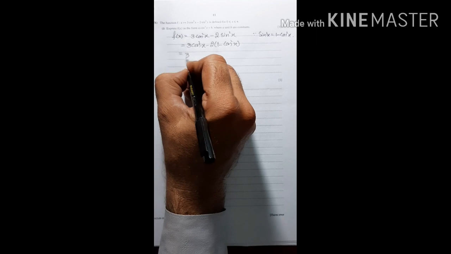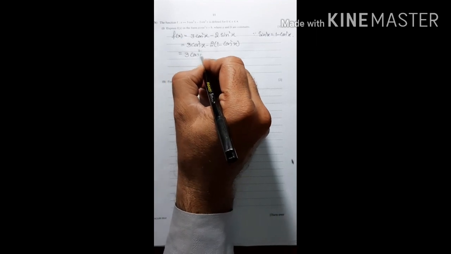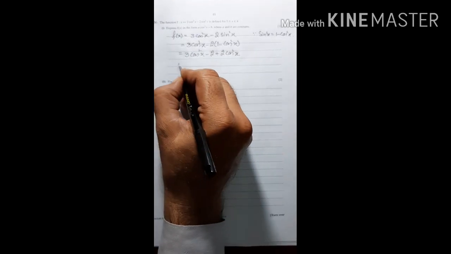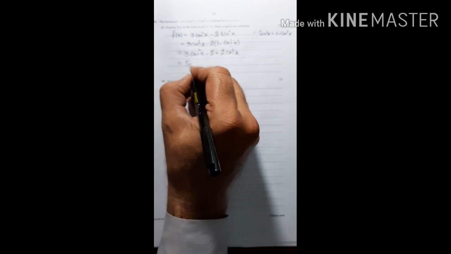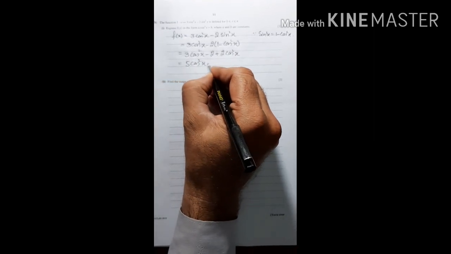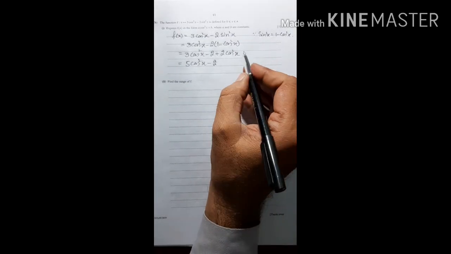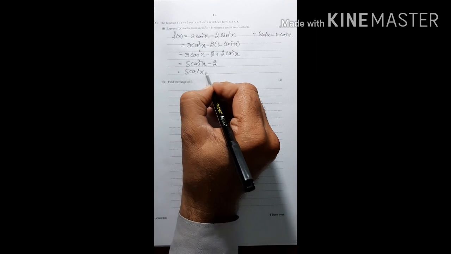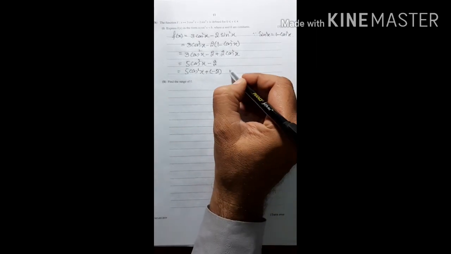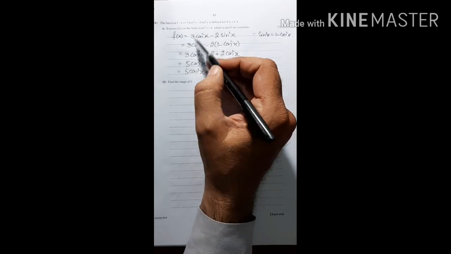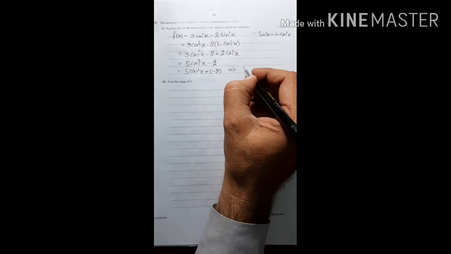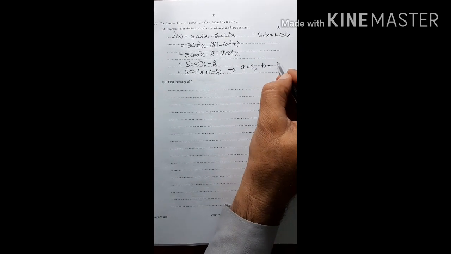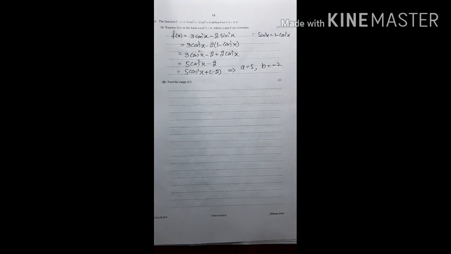So this will be 3 cos square x minus 2 plus 2 cos square x. So it will become 5 cos square x minus 2. So we can also write it as 5 cos square x plus minus 2. Therefore, a is the coefficient of cos square, which is 5, and b is the constant, which is minus 2. These are our answer values.